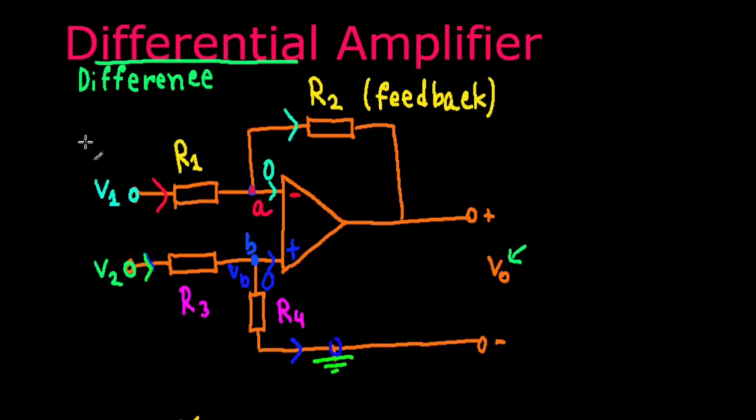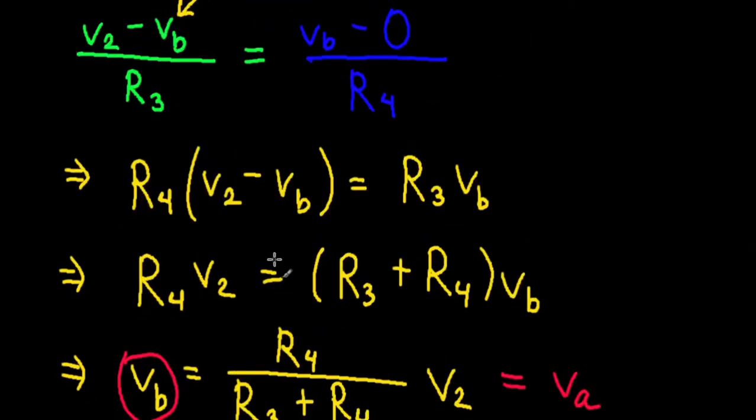This node voltage is V sub A. So here, the current entering is V1 minus V sub A divided by R1.